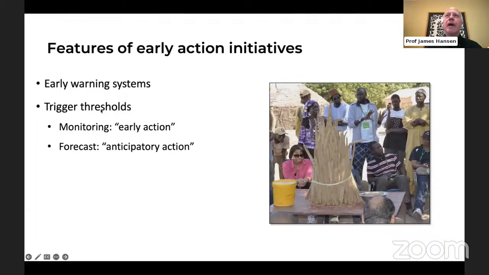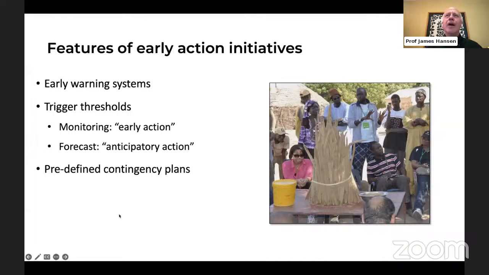Thresholds of early warning indicators would trigger action. If the indicator is monitoring, then it's called an early action initiative. If it's actually a forecast of future conditions, then it's called anticipatory action, which can increase the lead time even further.